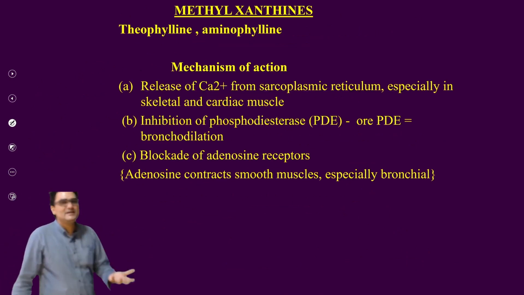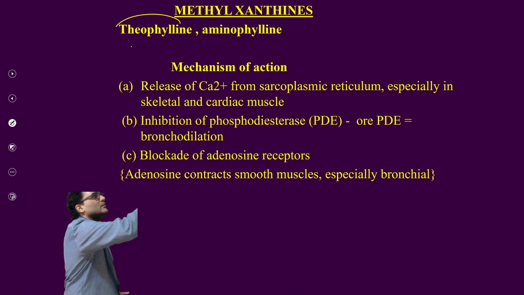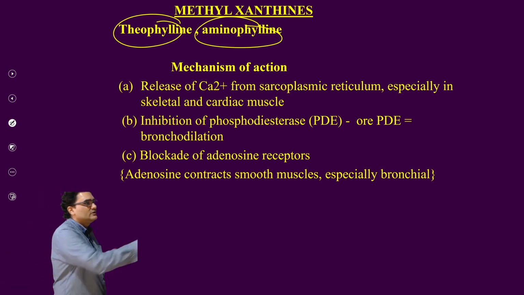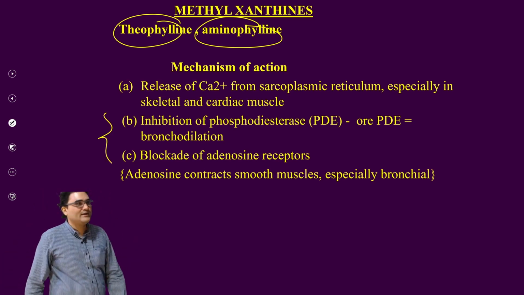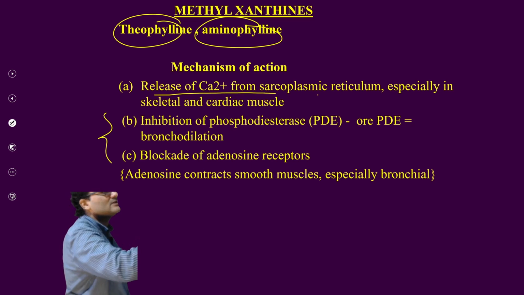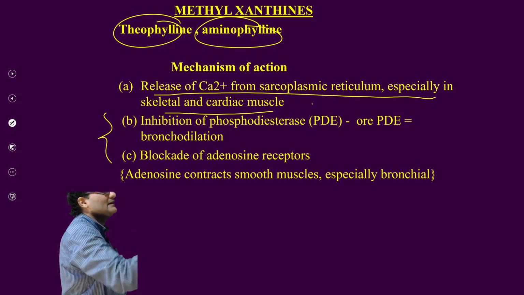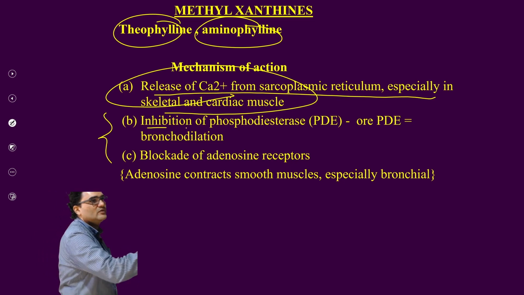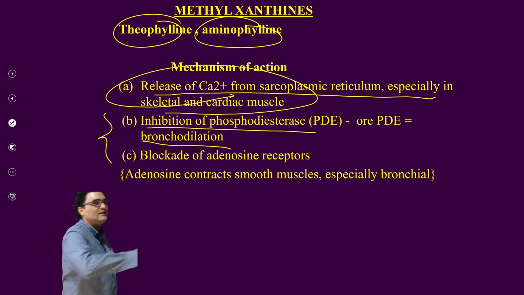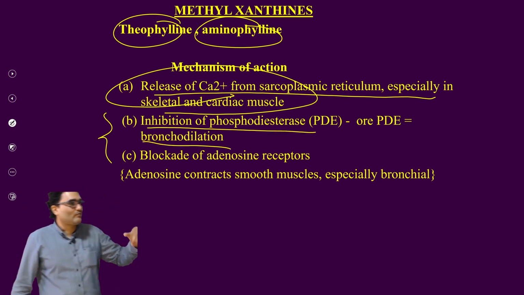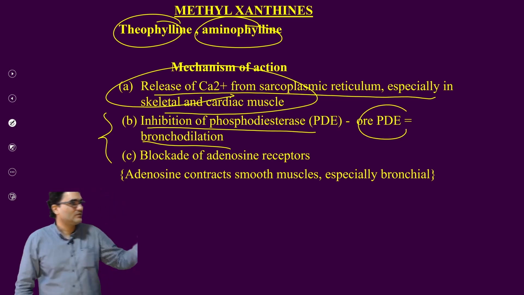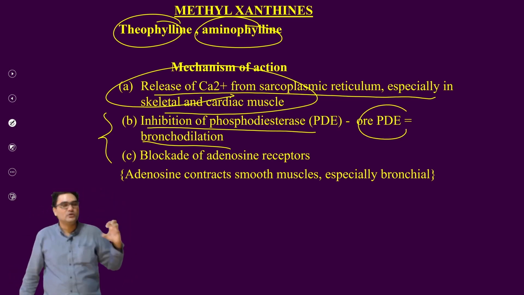Next is methylxanthines. Theophylline and aminophylline are two drugs. There are 3 mechanisms of action; these two are concerned with bronchial asthma. They release calcium from sarcoplasmic reticulum in skeletal muscle and cardiac muscle. But here they inhibit phosphodiesterase. So with phosphodiesterase inhibited, there is more cAMP available, and it will cause bronchodilation.